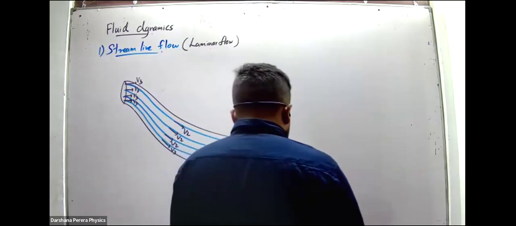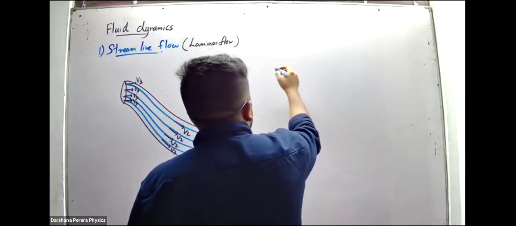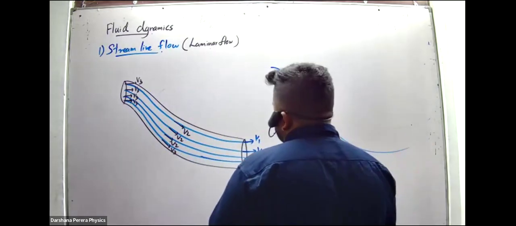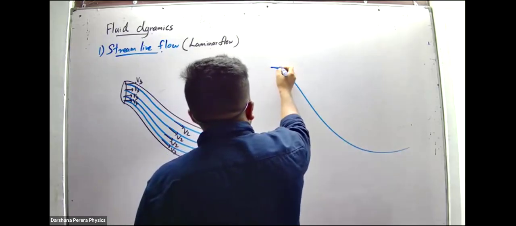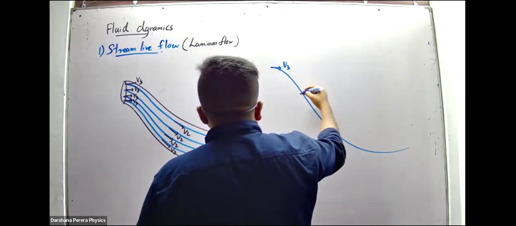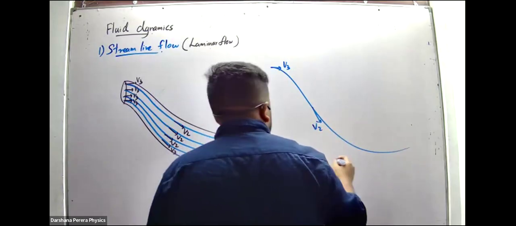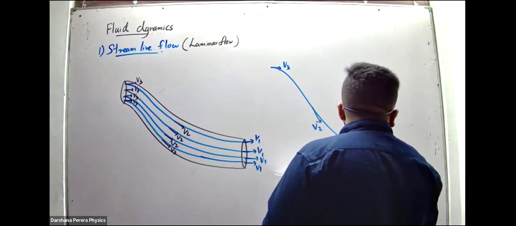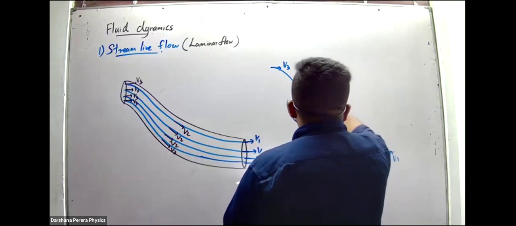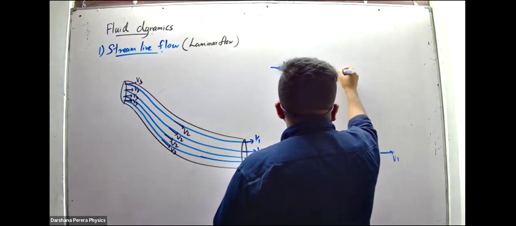So I can take it as V3, V2, V1. This is called a streamline.